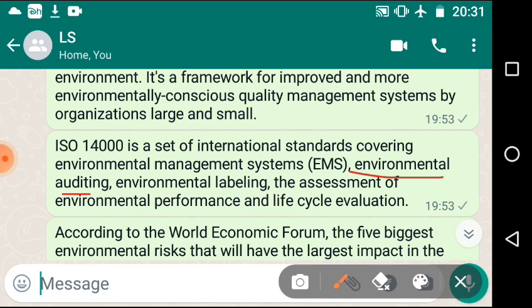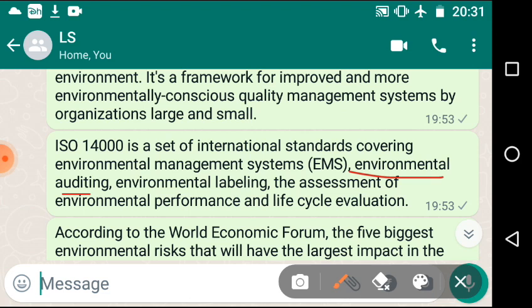I am repeating so that you can memorize it. That means with respect to the company, how much it is affecting the environment, and thus induce environmental issues in the decision making process.